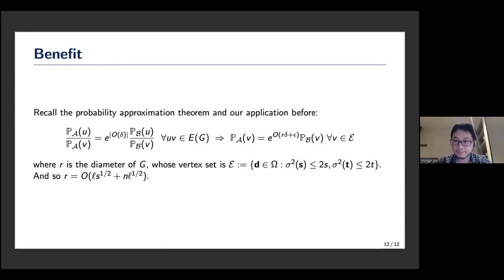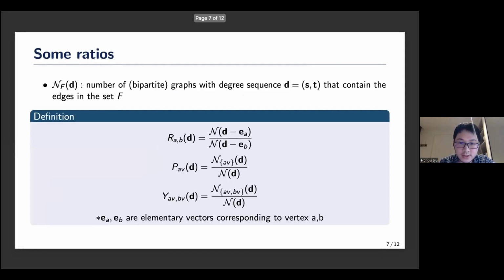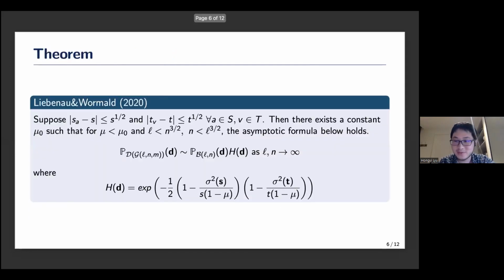Does your result hold for every density, I mean, for sparse and dense, does it hold for all the cases? Yeah, not necessarily. So let me go back to the statement of the theorem.